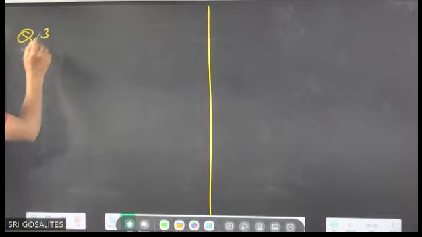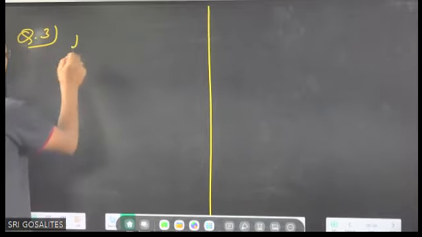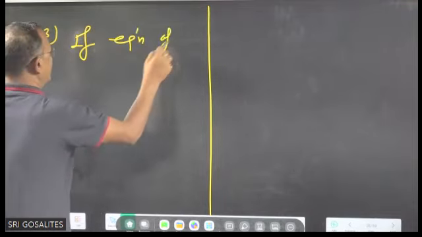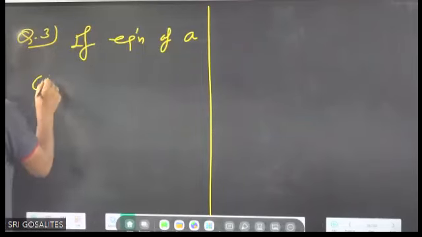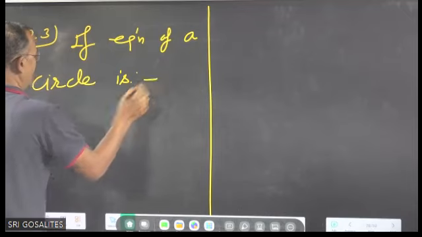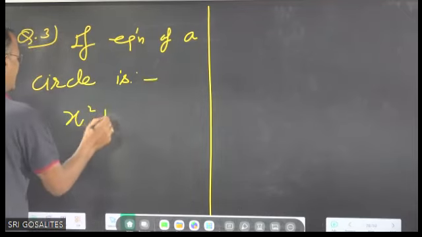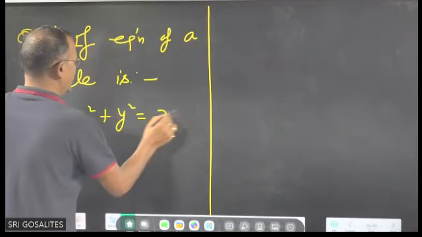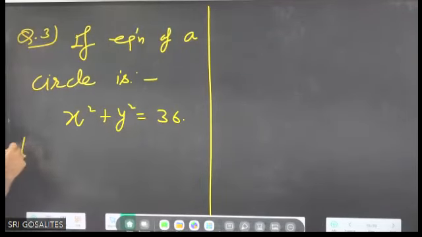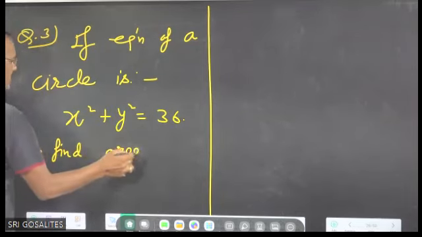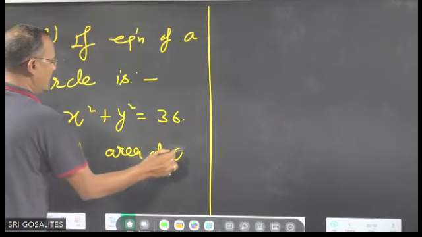Last question over the circle. See, if equation of a circle is x square plus y square is 36, then find area of circle.